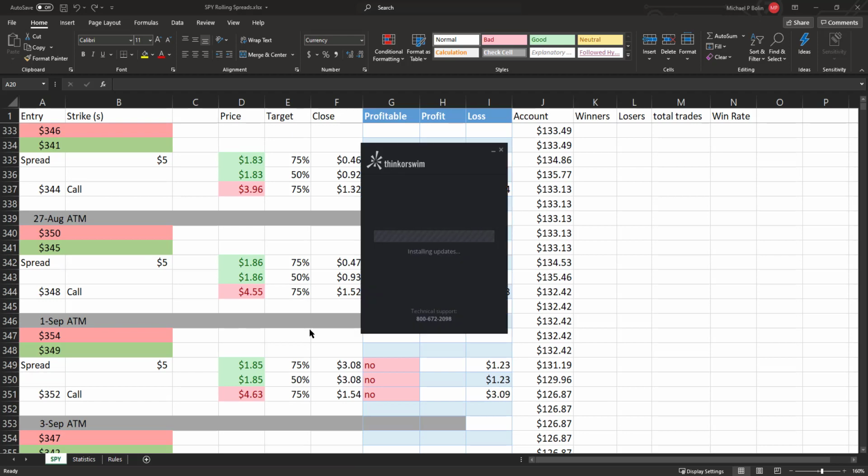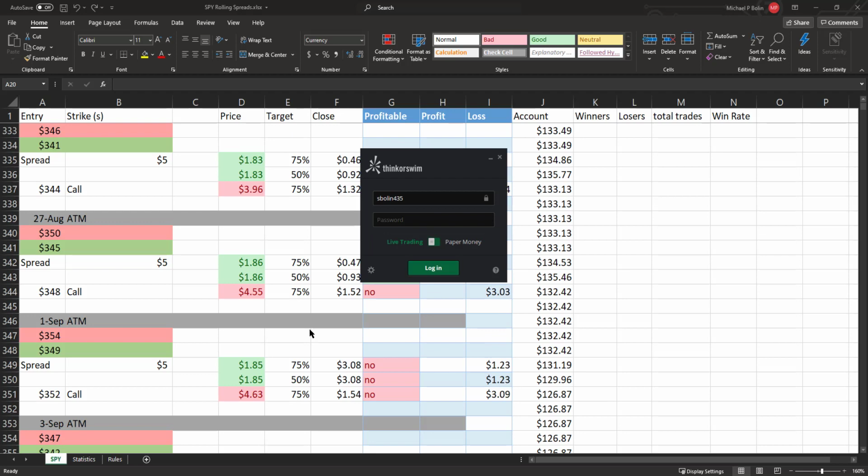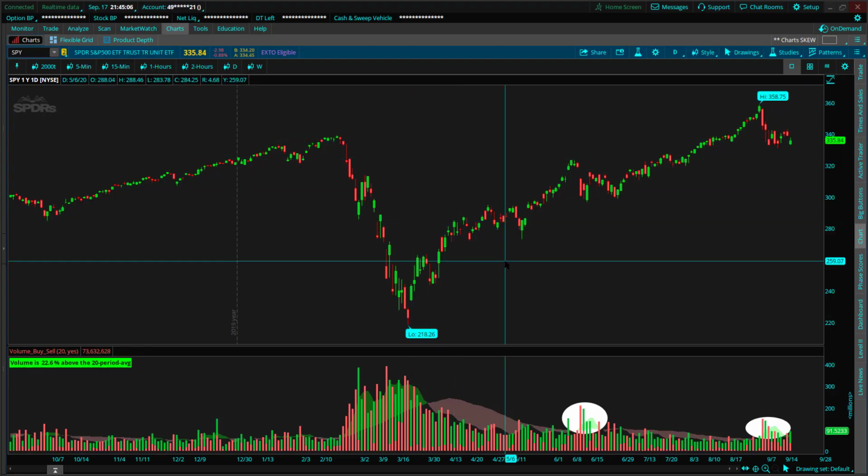Right? Now, this is an aggressive trade strategy. I didn't go too far out in time. I didn't go deep in the money or go deep out of the money on the put side. Let's bring this up. So this is where we're at right now, guys, right?